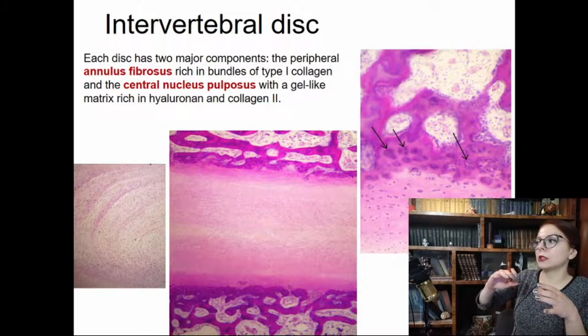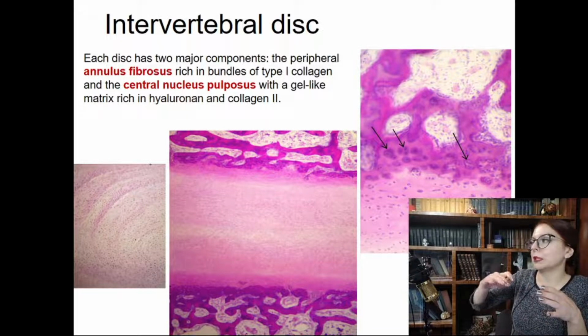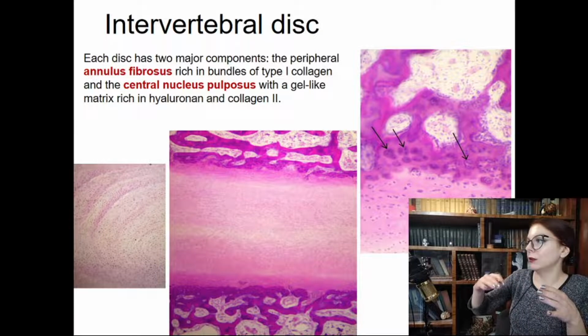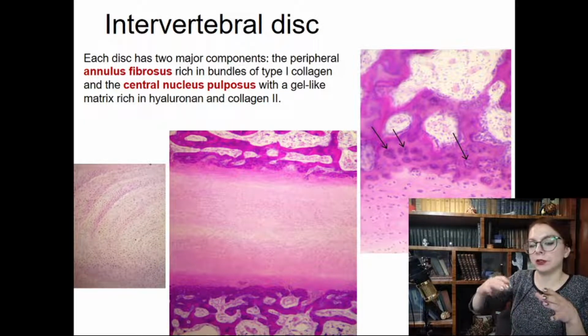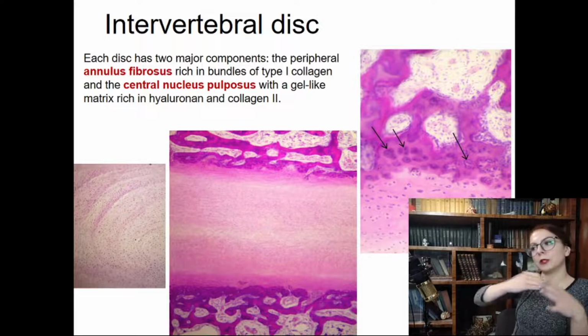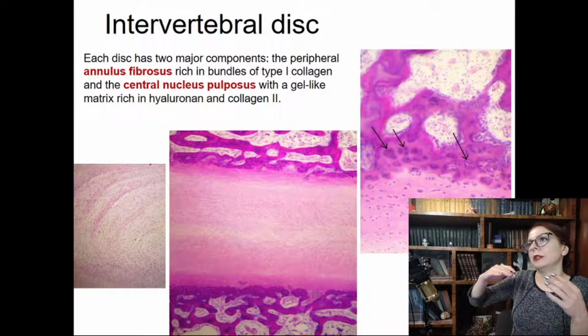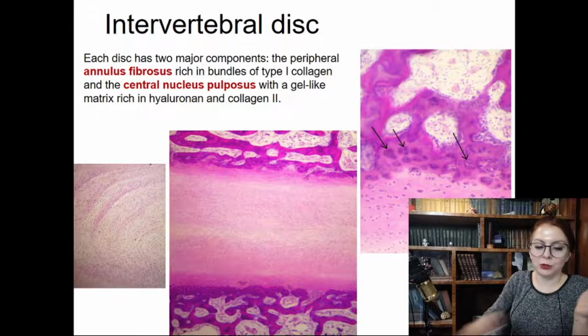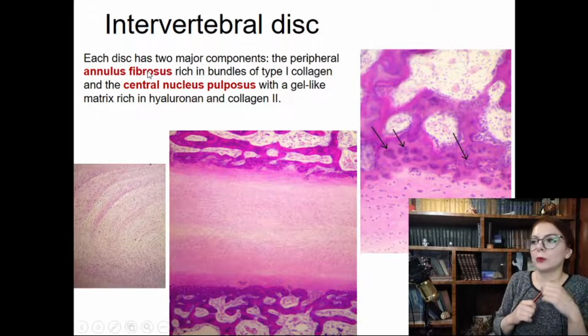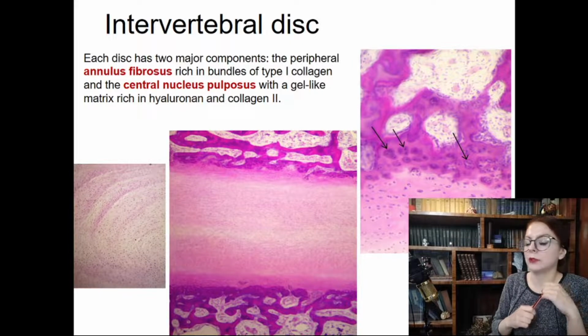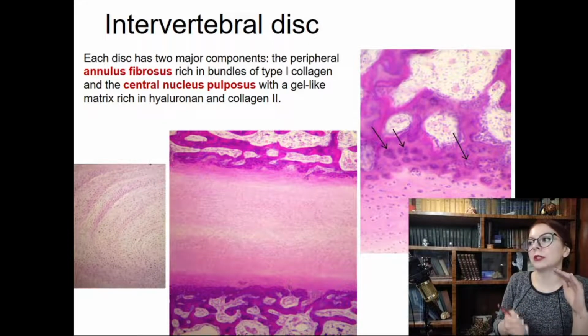And sometimes this results in herniation, when the nucleus pulposus shifts and goes out of the annulus fibrosus. This is what we call the herniation process, and it is very painful, and it results in compression of the spinal nerves.